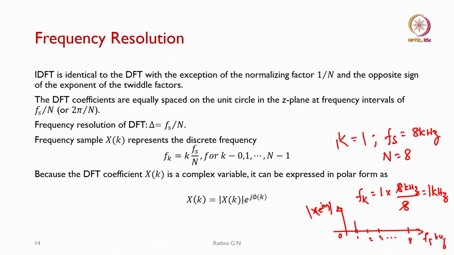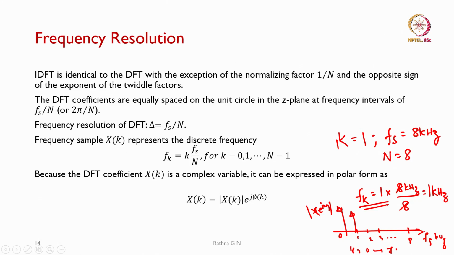So, I will be getting the peak here, which is my fk in this case. So, this is how you calculate, depending on k going from 0 to 7 in this case. 8 will be fs by 2 point, so it will be repeated.